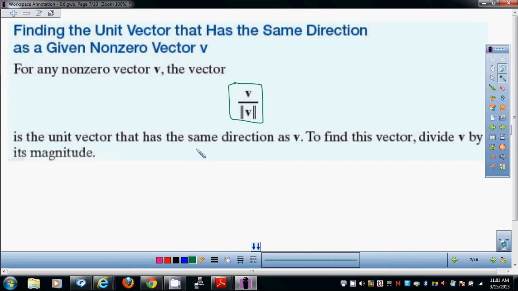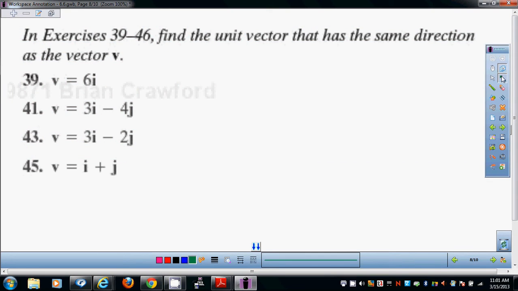Watch. 3i minus 4j. Didn't it just say v over magnitude of v? There's v. You don't change it. What's the magnitude of number 41? Somebody Pythagorean theorem it up and let me know. 5. That's right. You just take your vector, divide it by the magnitude, and that is your unit vector. It would be 3/5 i minus 4/5 j. That is a vector that is exactly 1 unit long. That goes in your direction. Okay.